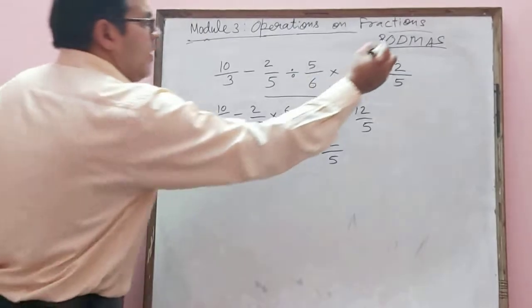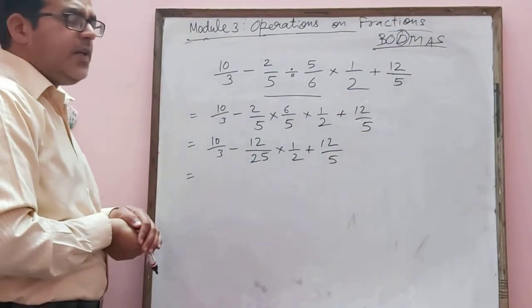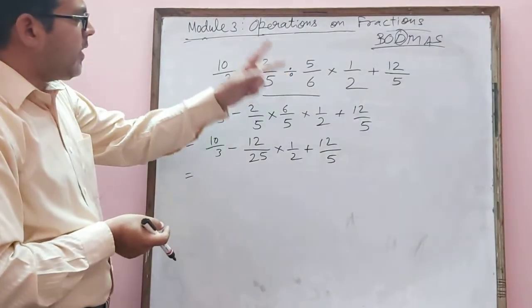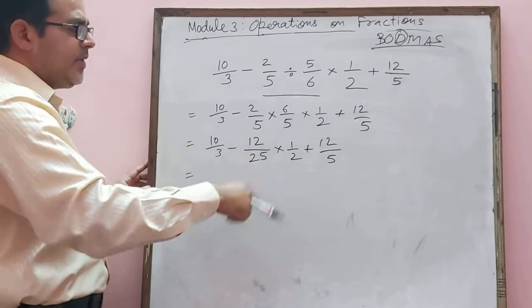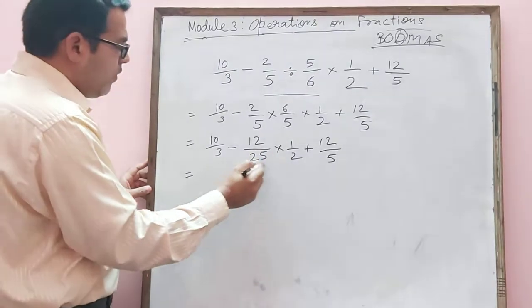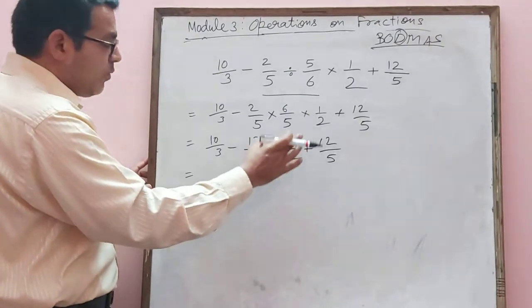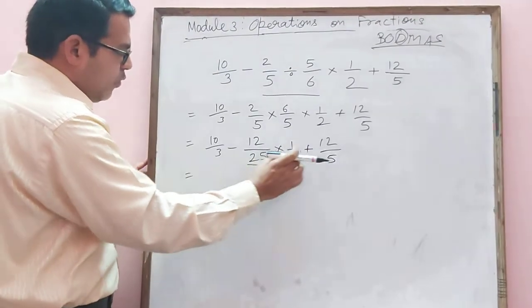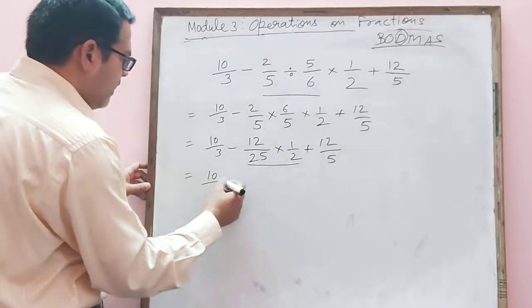Now division we have performed. What is left now? Multiplication, addition and subtraction. So multiplication next, after division. We need to focus on this area since in between these two fractions multiplication is there. So we can multiply that.